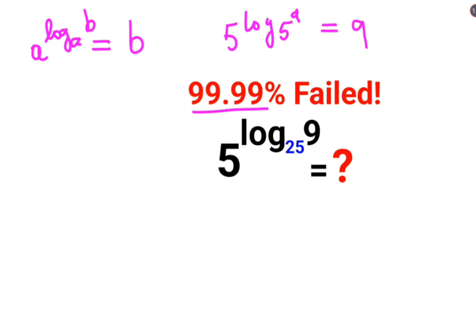But since in the base it is not 5 but we have 25, what we can do is we'll keep the rest as it is, 5 raised to log 9, but instead of 25, I will write it as 5 square.